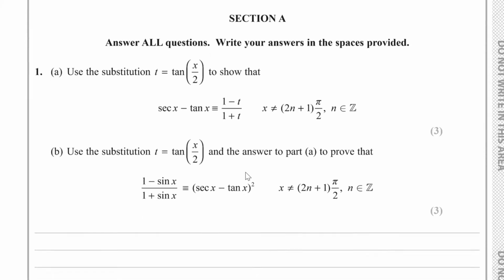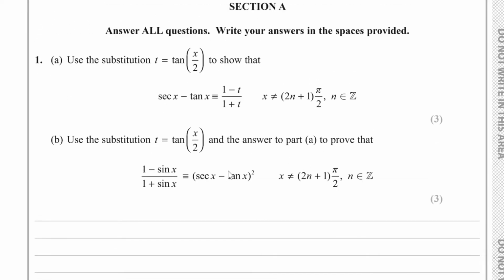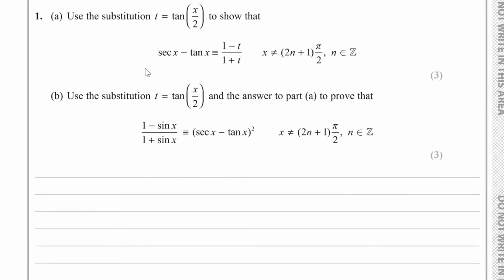Well, first of all, I think it would be a good idea to express sine, cosine and tangent in terms of this substitution t. These are standard results which you should be familiar with. Sine x is equal to 2t over 1 plus t squared.